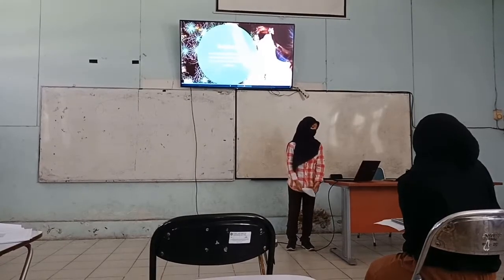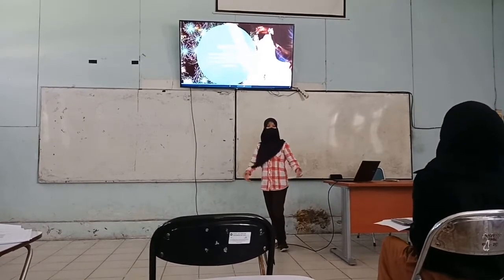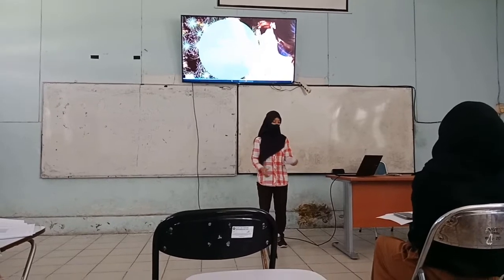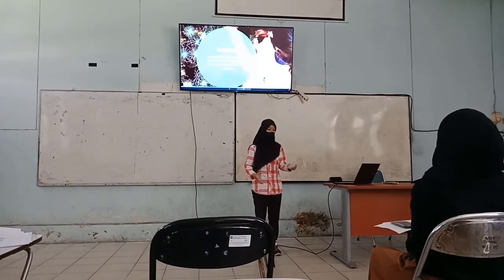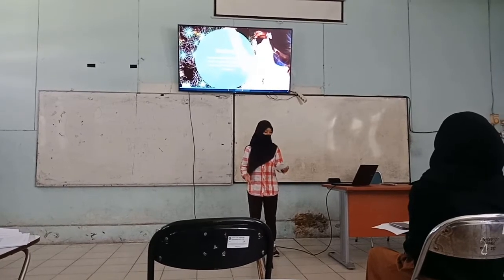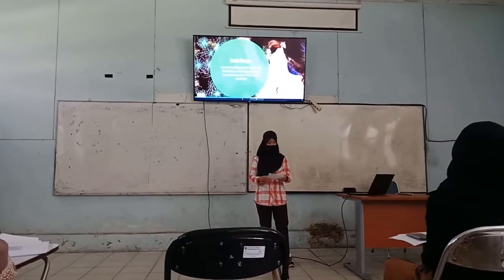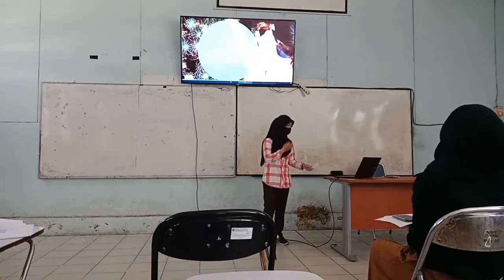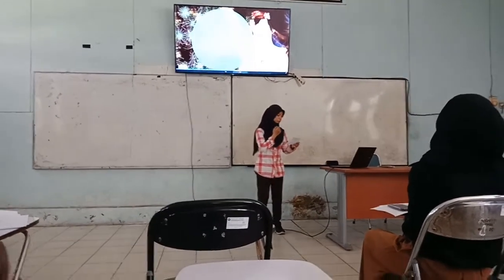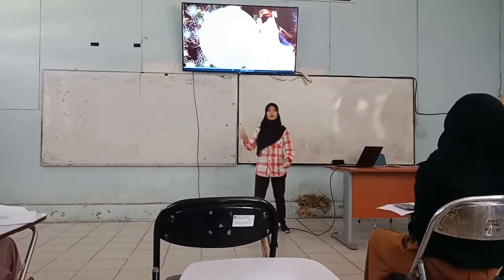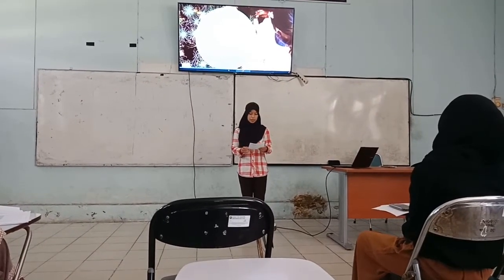Third is small group. Seating arrangements in small groups are sometimes called group pods. Here, the teacher's desk is usually located at the front of the room. Students are located in groups of 4 to 5 students.